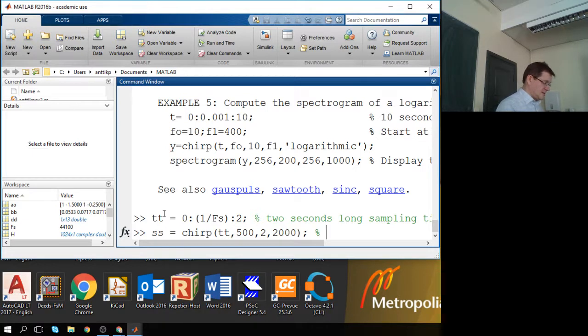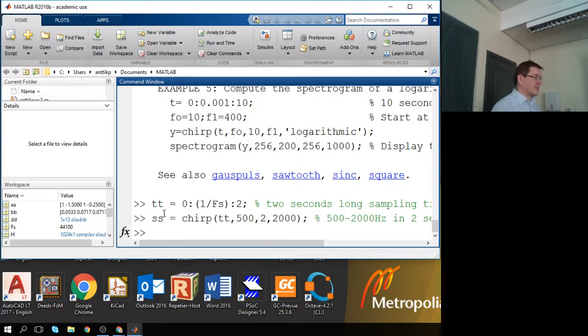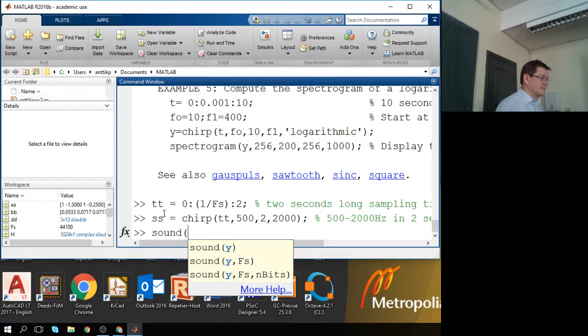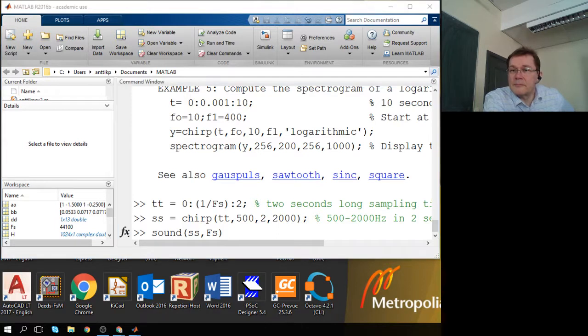So that's 500 to 2000 hertz in 2 seconds. Something like that. Let's hear that one. Oh, that was pretty close to what I had.